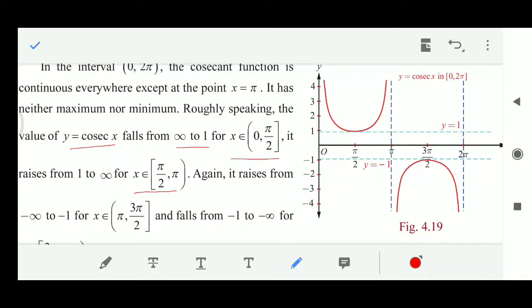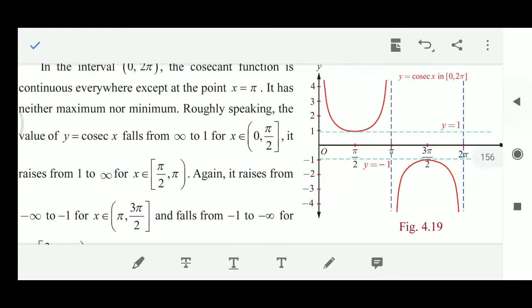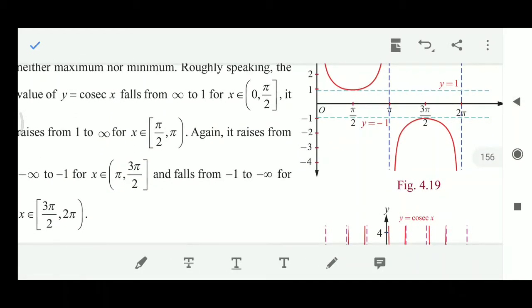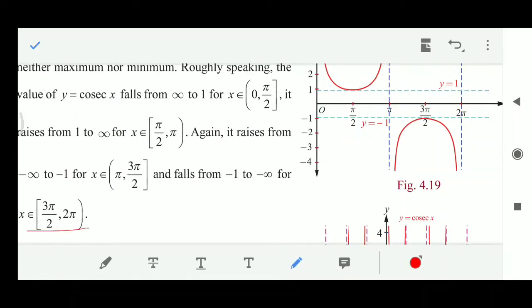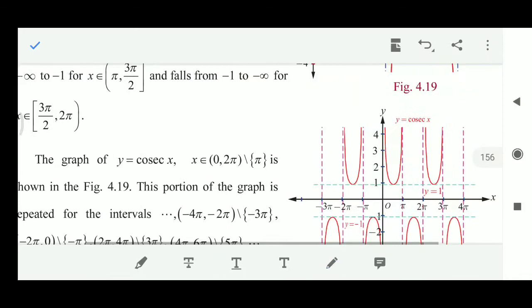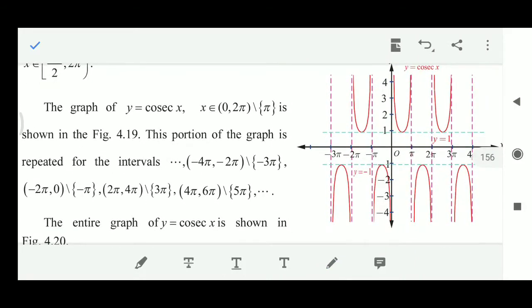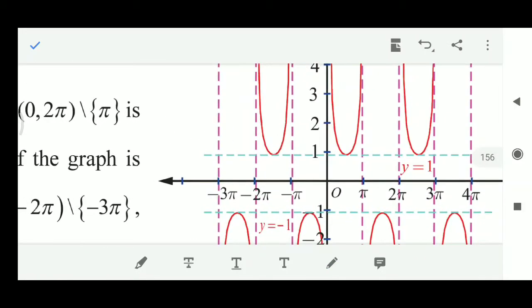Then if you go for pi to 3 pi by 2, that is 180 to 270, it goes from minus infinity to minus 1, and from minus 1 to minus infinity from 270 to 360 degrees. Like that, if it continues, you will get the whole graph like this. So this is the whole graph of cosecant function.